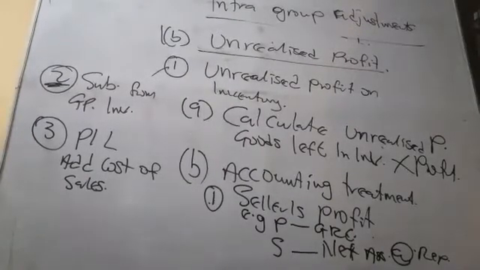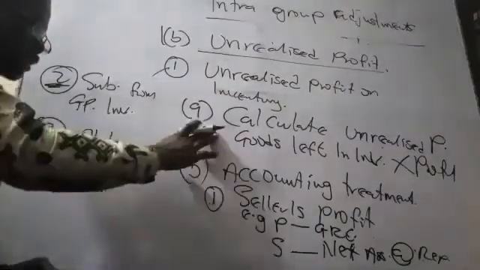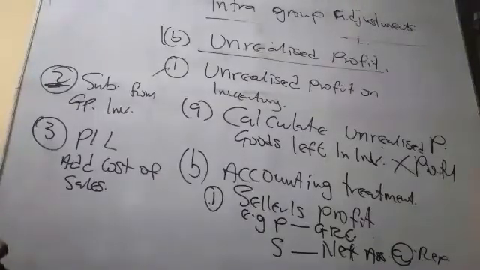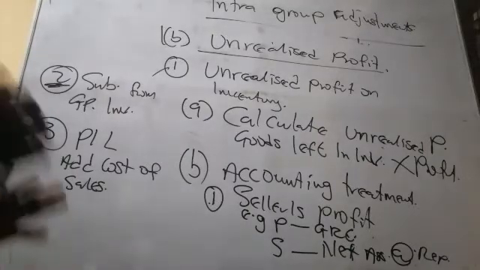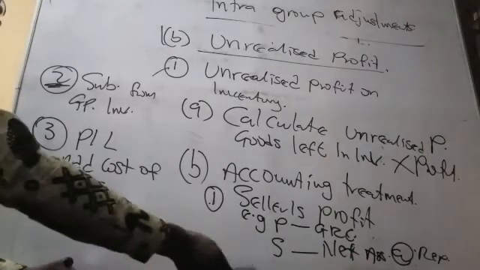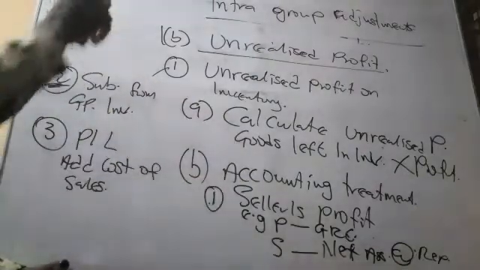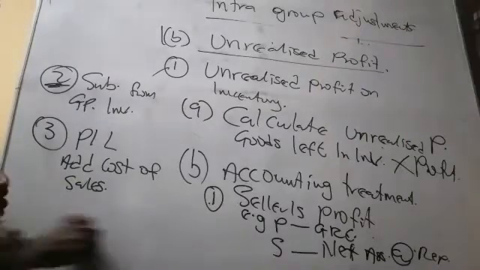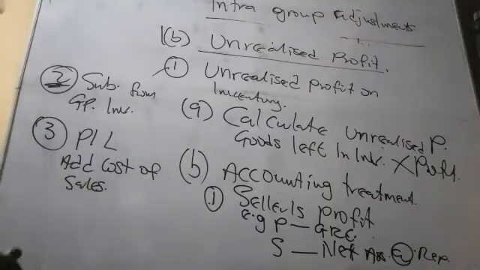First, calculate the unrealized profit, which is the goods left in inventory times the profit loading. I'll cite a few examples here, then we go to the critical ones. I'll only clean the top and do the illustration there.